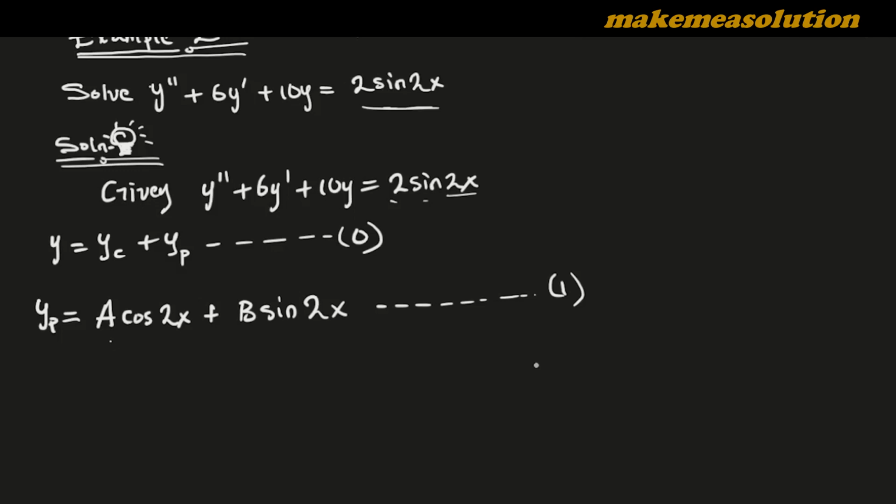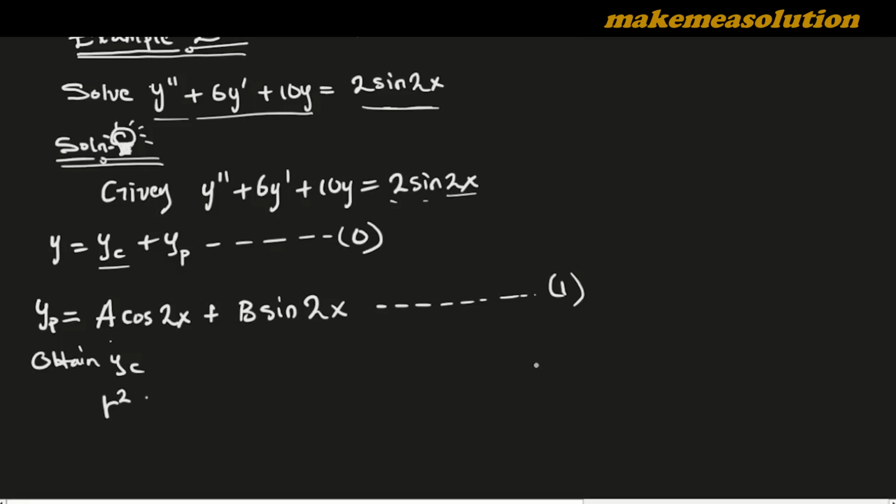And remember, I said in the last video that this expression of yp can still change later. It depends on what you get in your yc. So let's obtain yc. To obtain yc, you need to solve the characteristic equation. I'll have r squared plus 6r plus 10 equal to 0.